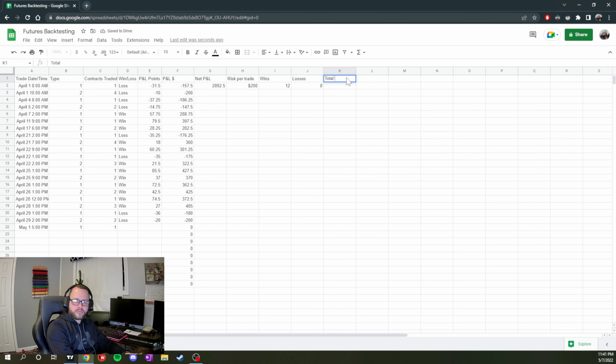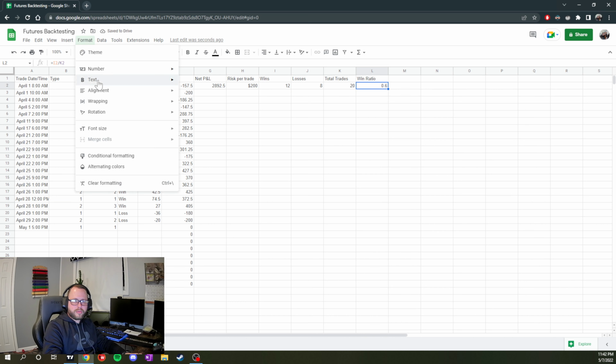So total trades is going to be equals that plus that, that way we can keep track of that moving forward. Total trades is going to be 20. So win ratio is going to be equals that divided by 20, and we'll format that as percent.